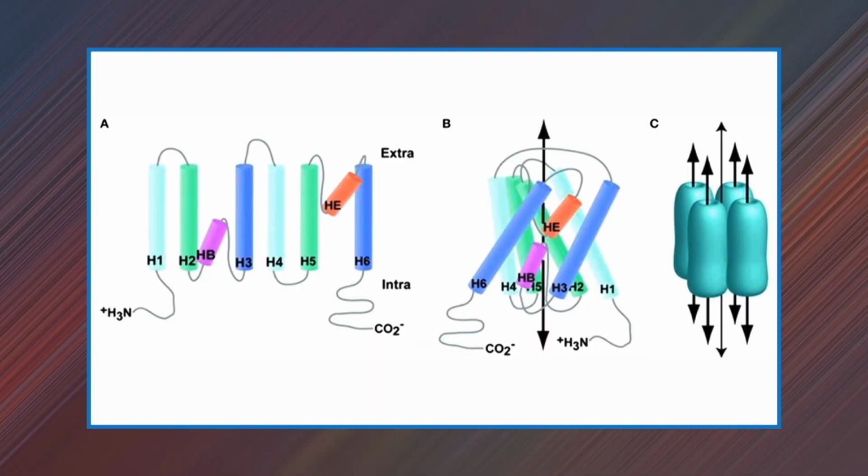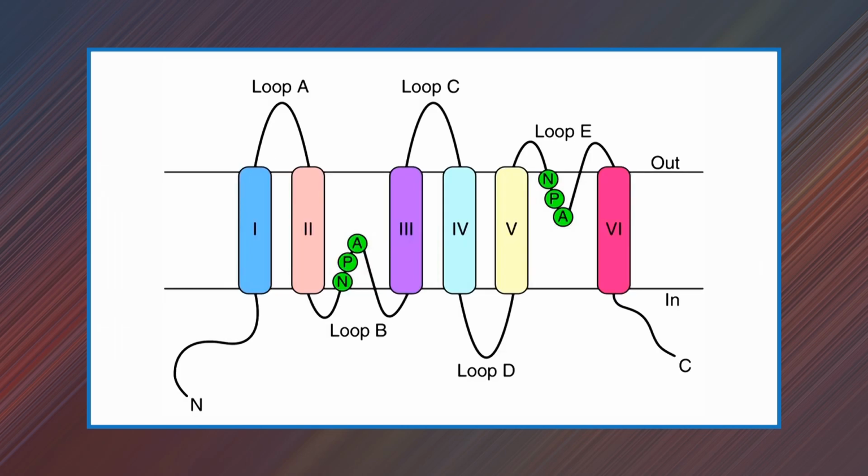Some researchers identified an electrostatic field generated by the two aquaporin half helices, HB and HE, as the reason. Others suggested that hydrogen bonds between asparagine amino acids in the two NPA regions and the oxygen in the water cause the rotation.